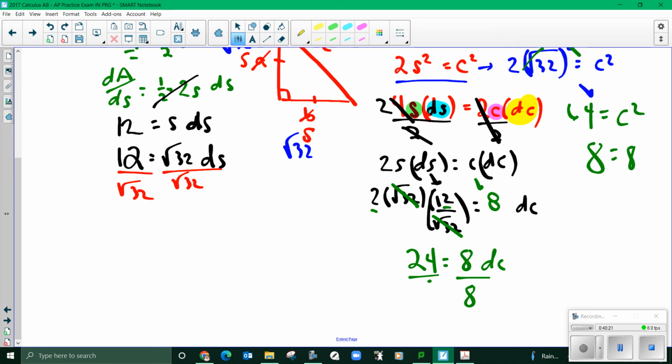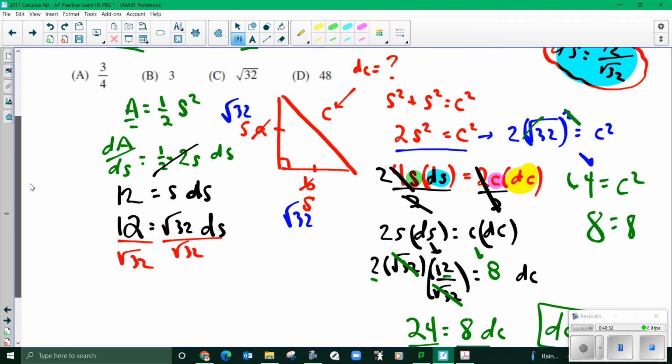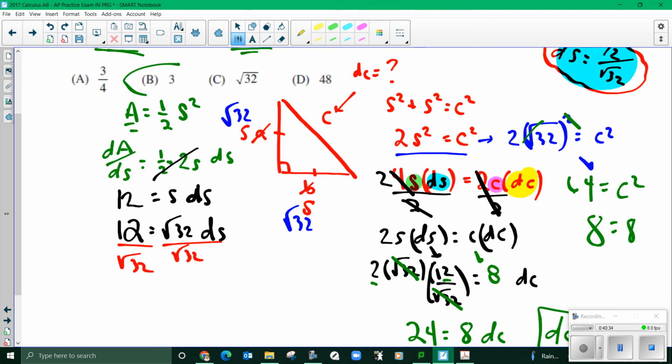That was a lot of work. But we got it right. I hope we got it right. We did. The answer is B, 3. Look at all that work. That's a good amount of work for a multiple choice problem, especially without a calculator. But anytime you don't have the calculator, the math is doable.